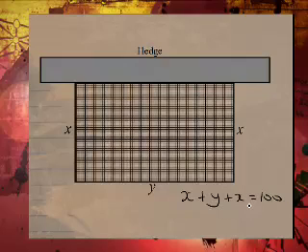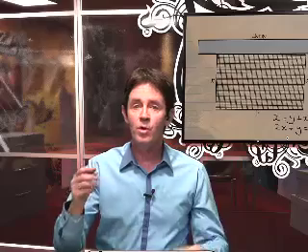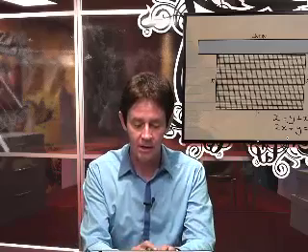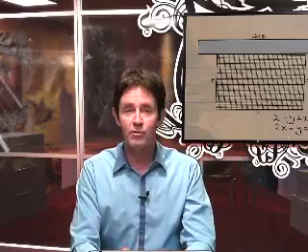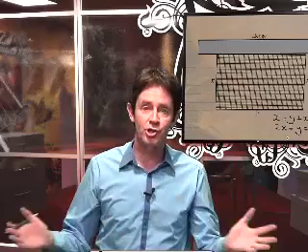Actually, what we've got here is 2x plus y is equal to 100. Now hold on to that. Now what are they saying? They want the maximum area of this rectangular thing.